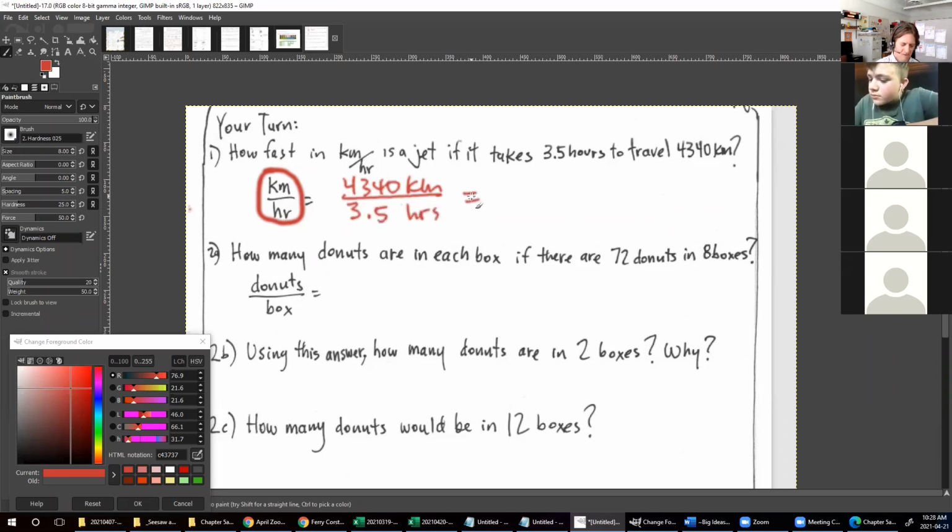All right, so 4340, I'm doing it on my calculator, divided by 3.5. It's 1,240 kilometers per hour. And again, if you do it this method, you know what you want, you see kilometers, hours, you're not going to mix them up. It's going to be really straightforward. This is why I love this system.